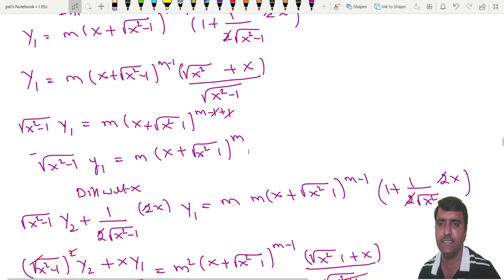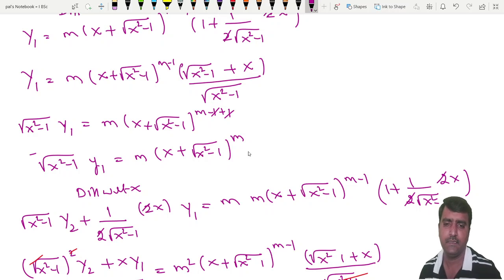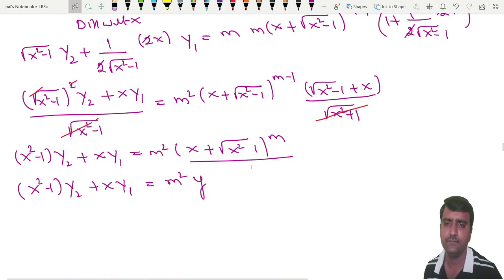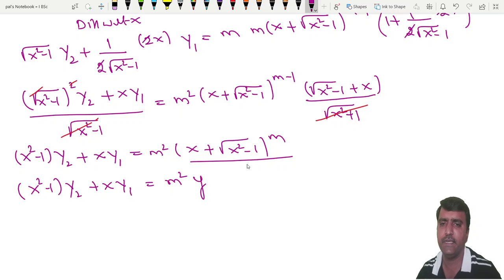It is x square minus 1, x square minus 1, and here also minus. So it is m square into y, because y is x plus root of x square minus 1, you take it as y.